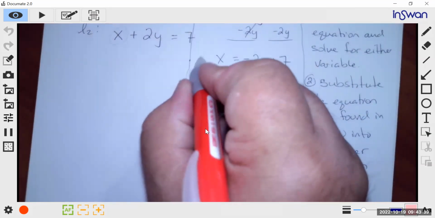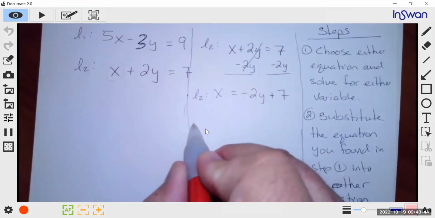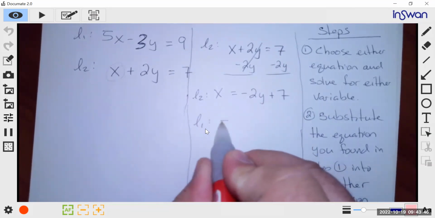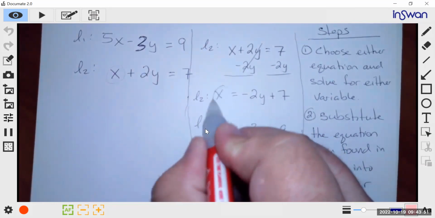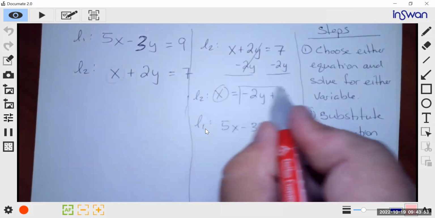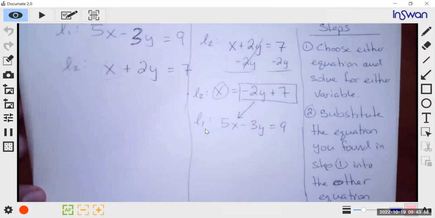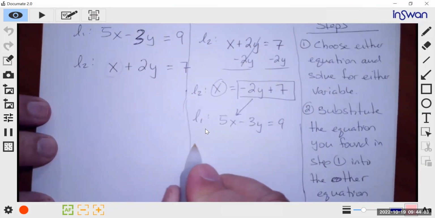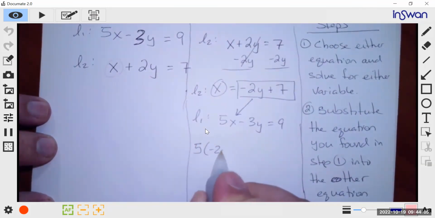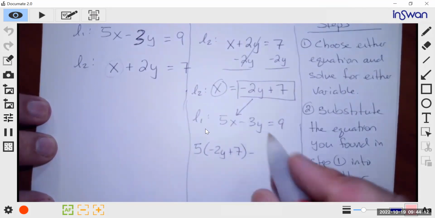So this is the equation we found from line 2. That means we now have to use line 1. Anywhere we see an x, we put that in its place. We substitute that. That's what it means. So in place of x, I put negative 2y plus 7.